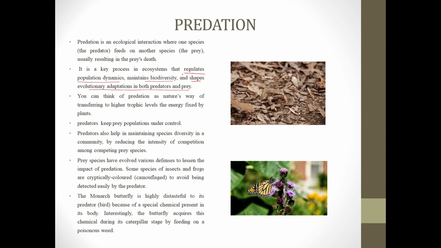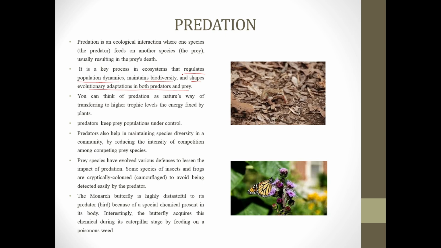So basically, if we talk about predator or prey, they both are constantly evolving according to the ecosystem, right? Now you can think of predation as nature's way of transferring to higher trophic levels the energy fixed by plants.